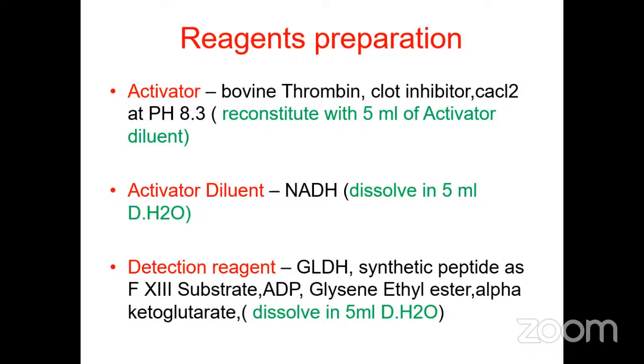The activator diluent consists of NADH. We should reconstitute with 5 ml of distilled water. Detection reagent contains GLDH, synthetic peptide as factor 13 substrate, ADP, glycine ethyl ester, and alpha ketoglutarate. It should be dissolved in 5 ml before performing the test.